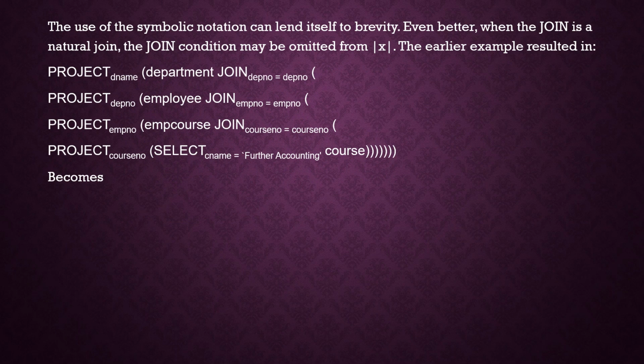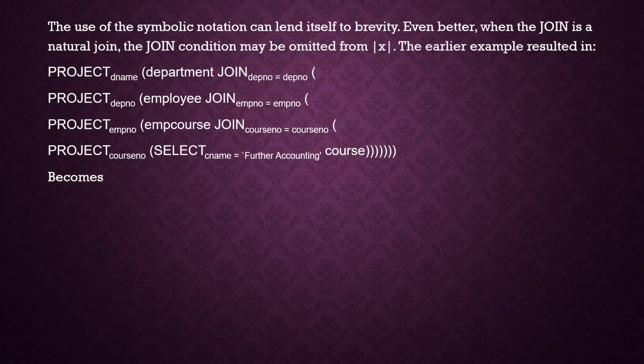Here again use the join, course number equal to course number, open parenthesis, project course number, and here we access the course number from the course itself. But here again we are using select, to put a condition, CNAME equal to further accounting. Select CNAME equal to further accounting, using the subscript to put the condition, and then course, and then close all the parentheses. However many parentheses you opened, that many should be closed.